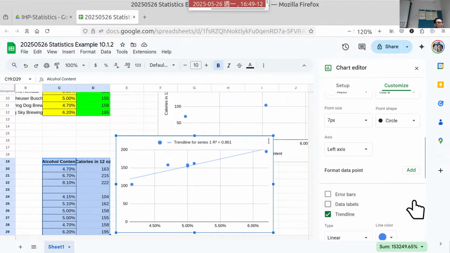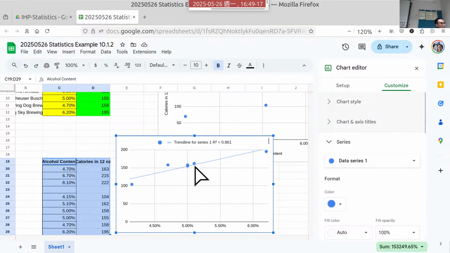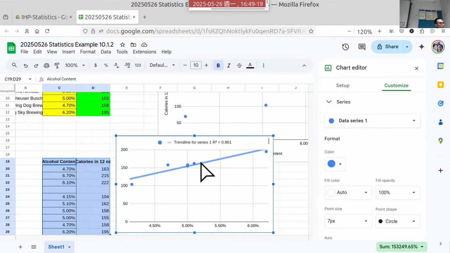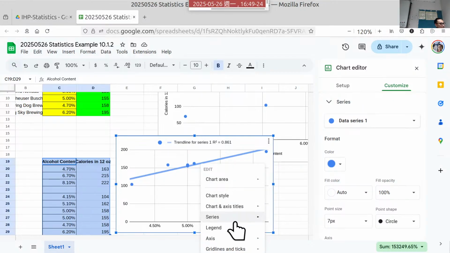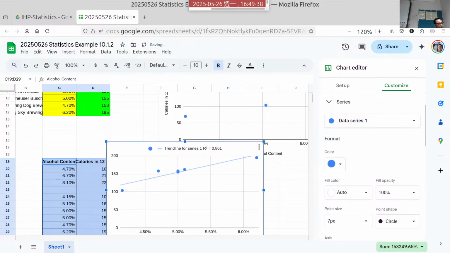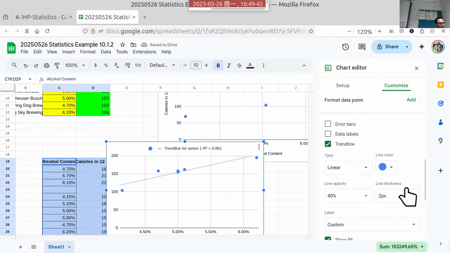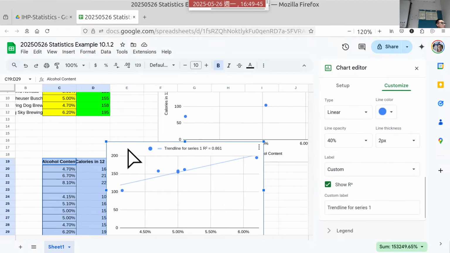Where is the equation? One minute, please. Okay, please practice this step.